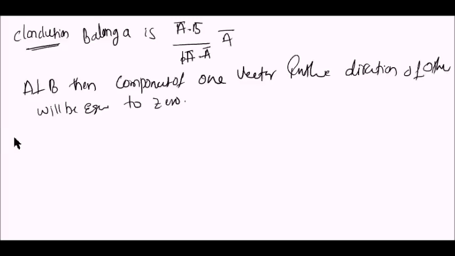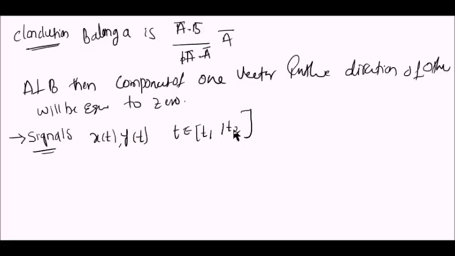Now we will apply the same analogy for signals. Now we are moving into signals. So I have two signals, x of t and y of t. These two signals are non-zero in the interval t belongs to t1 to t2.